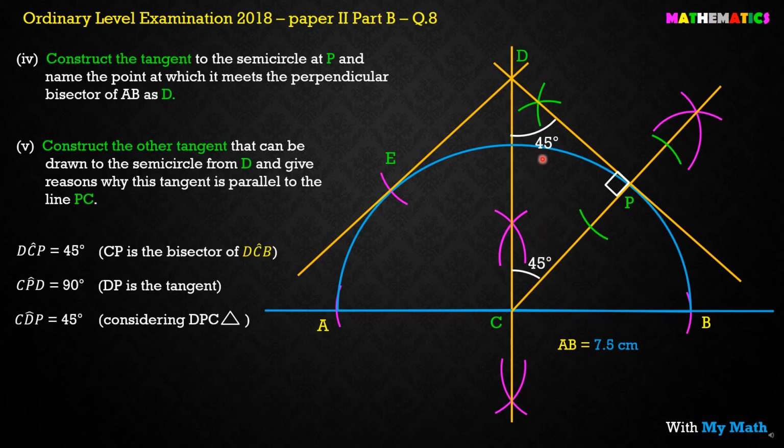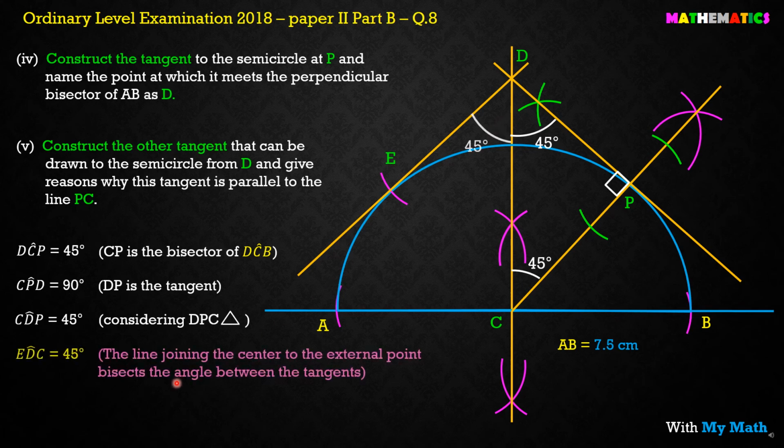Why? 45 plus 45 is 90, and 90 plus 90 gives us 180. The sum of the internal angles of a triangle equals 180 degrees. So considering triangle DBC, I have mentioned it. Otherwise, if you cannot see it clearly at once, you can follow the method step by step, solve it as an equation for this angle PDC, and find it as 45.